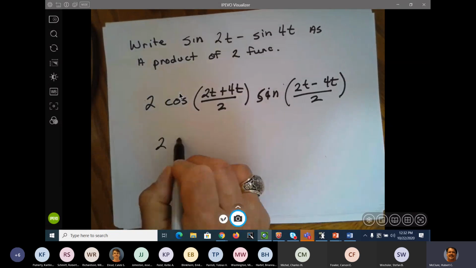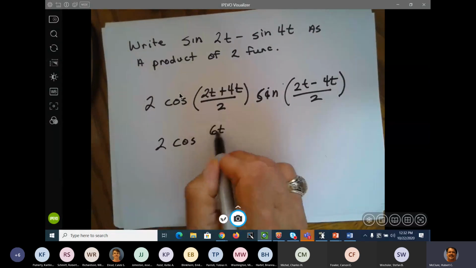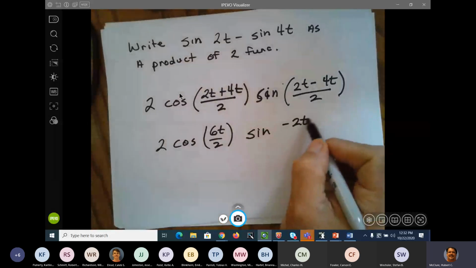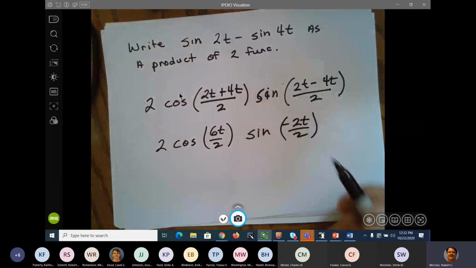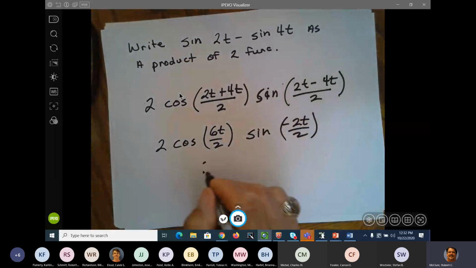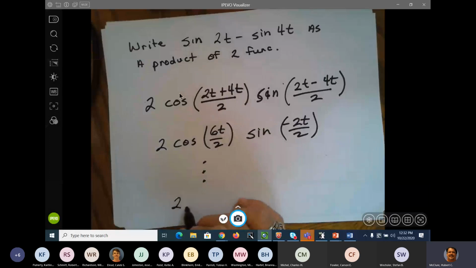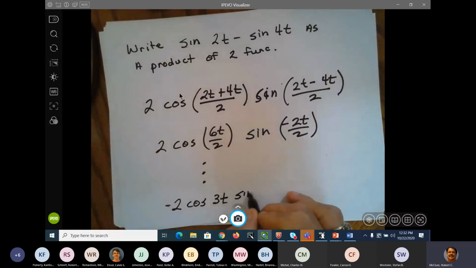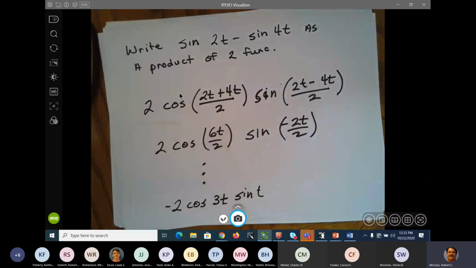And that's going to be 2 cosine of 6t over 2, sine of negative 2t over 2. And as Dr. Harden used to say, that's negative 2 cosine of 3t sine of t. And that negative basically is from here. That negative right there, I pulled it out front.